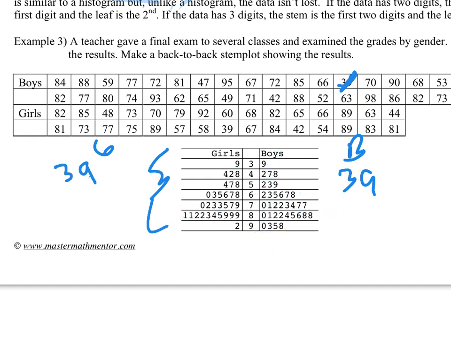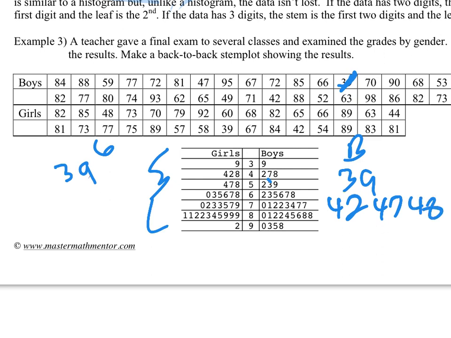So I can list all the data if I truly wanted to, and I really don't, but I'll just list a couple. Look at here. I'm going to do the boys. That's a 42 and a 47 and a 48.